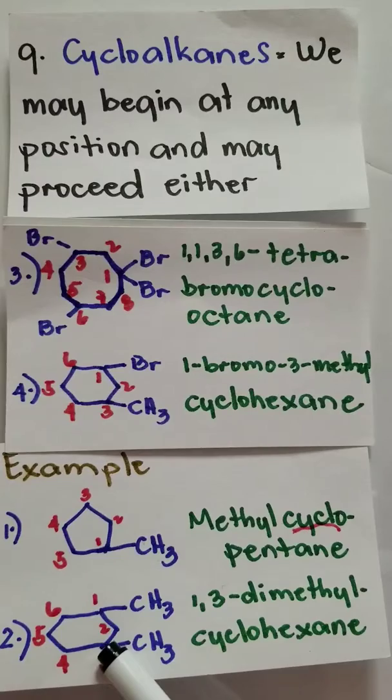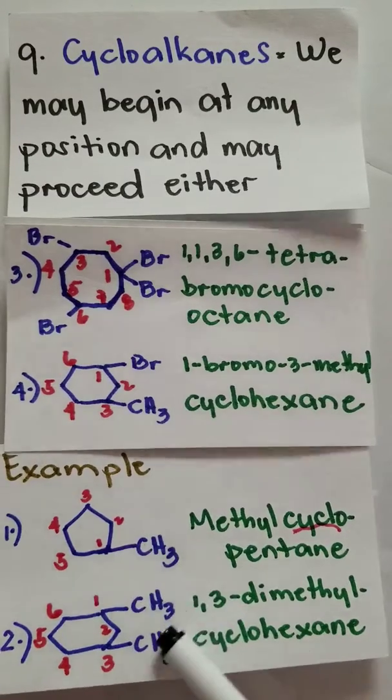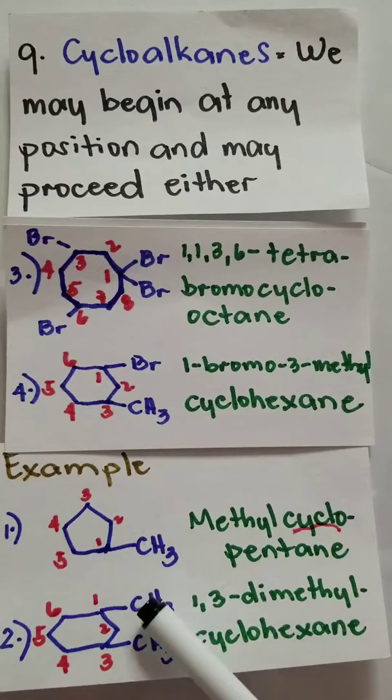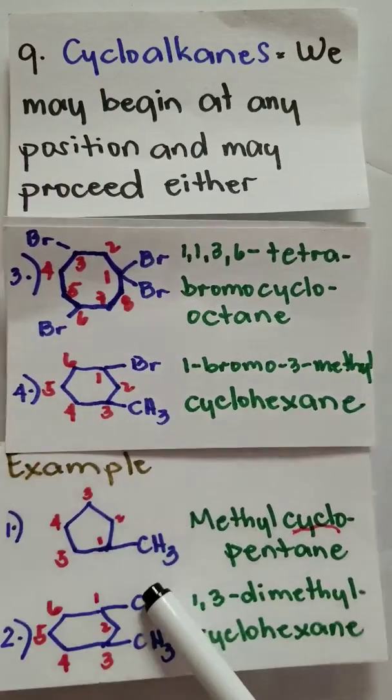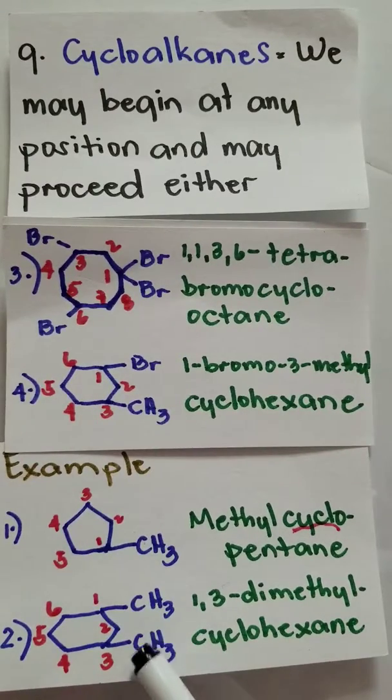And then make sure that your next group is nearest to the first group, that the second group is attached to a carbon atom nearest to the carbon atom where your first group is attached. Okay, I think that's the right explanation.